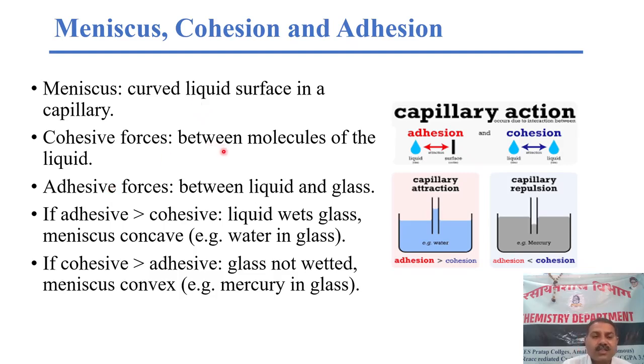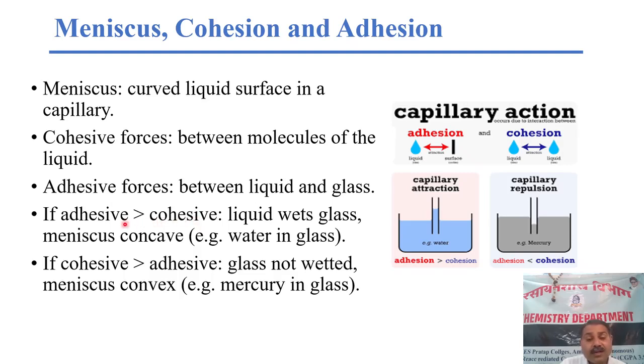There are two forces. Cohesive forces exist between the liquid molecules. Adhesive force means between two different things, that is, between liquid and glass. If adhesive force is greater than cohesive force, what will happen?